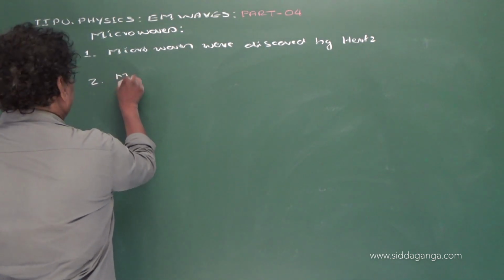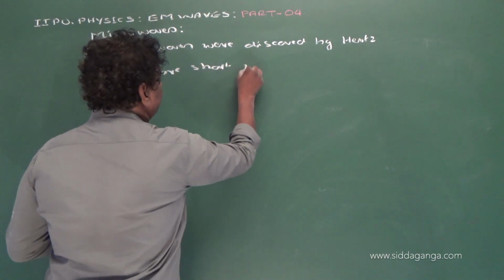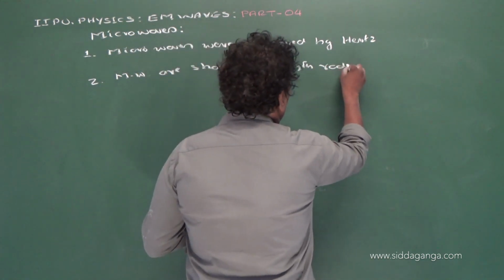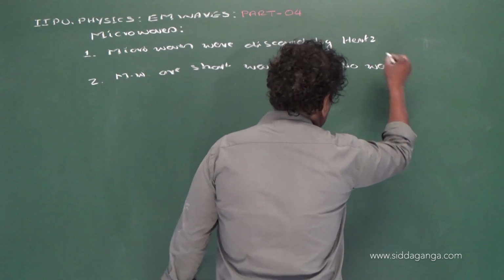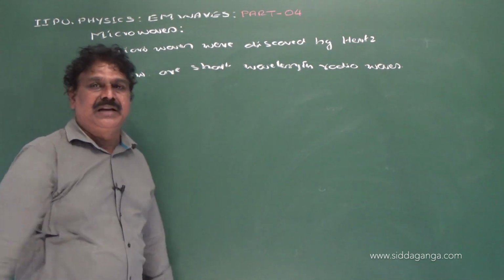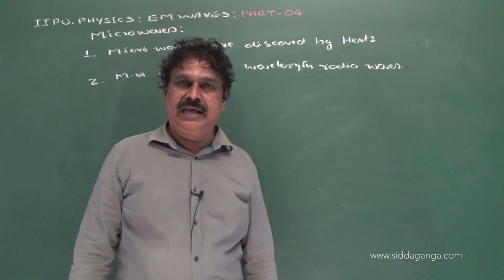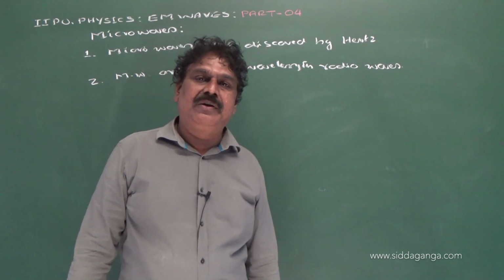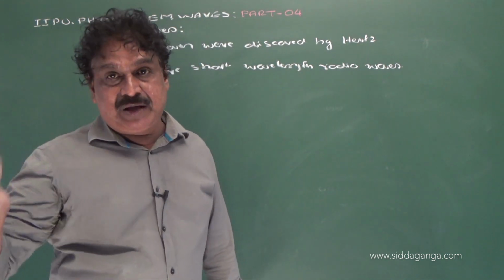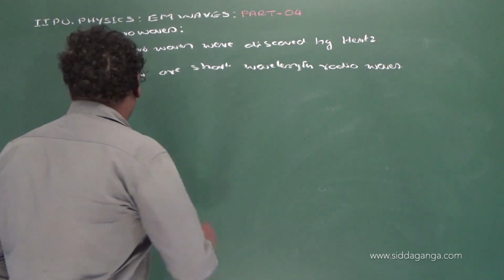Number two, microwaves are short wavelength radio waves. These microwaves are also called short wavelength radio waves because their wavelength is less than radio waves, but they are also used for communication purposes just as radio waves. Therefore, microwaves are also called radio waves of short wavelength.